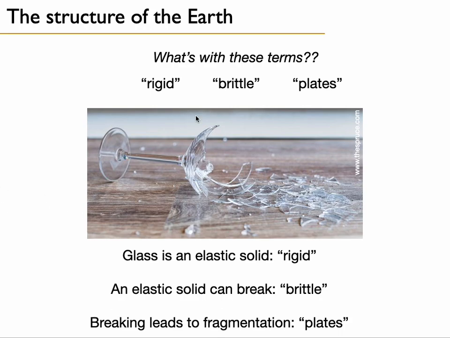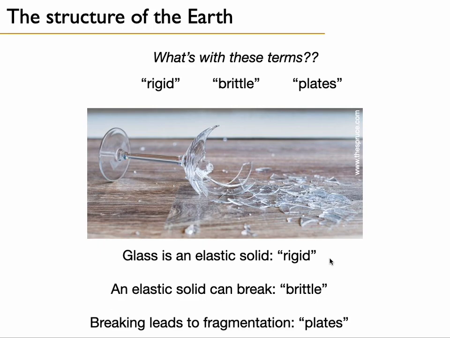As an analogy, think about a glass of wine. If you break a glass of wine, you will form a lot of fragments, and these will be our plates. Initially, the glass is an elastic, solid material, so it's considered rigid.